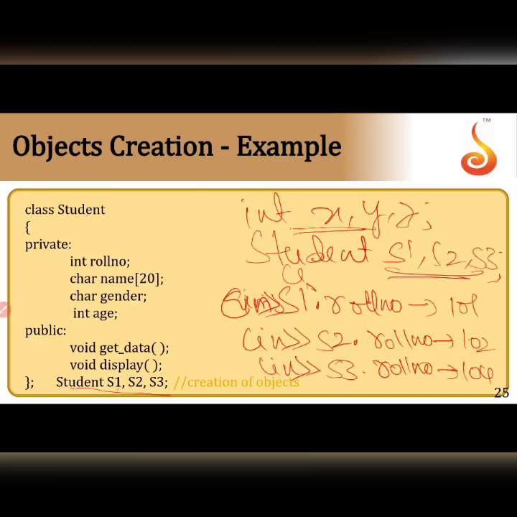So when I say cout S3 dot roll number, it will always print me 104. When I say cout S2 dot roll number, it will always print me 102. So each object will have the same set of data, but then you can have different values in that.